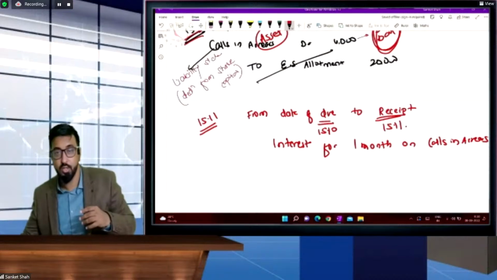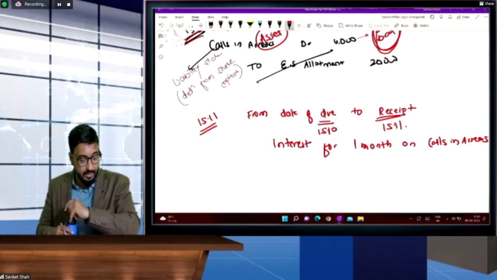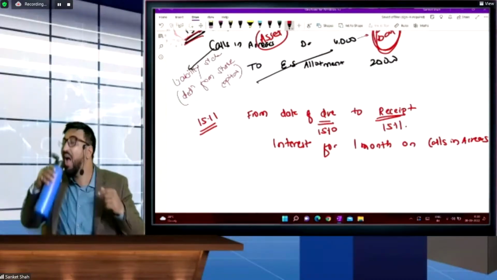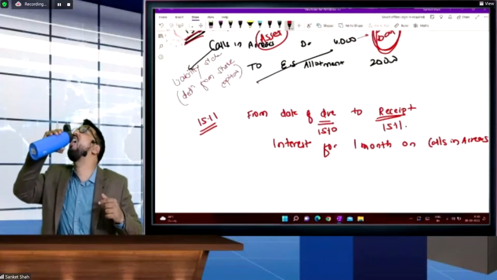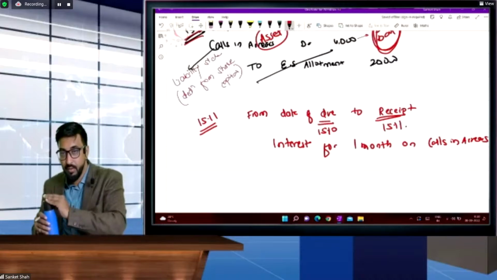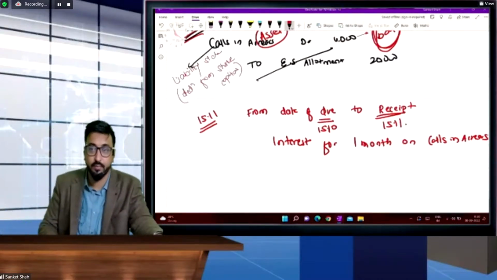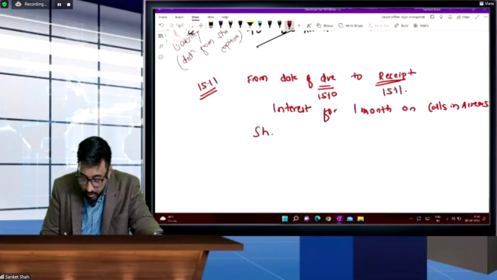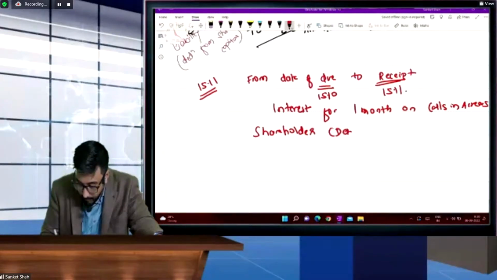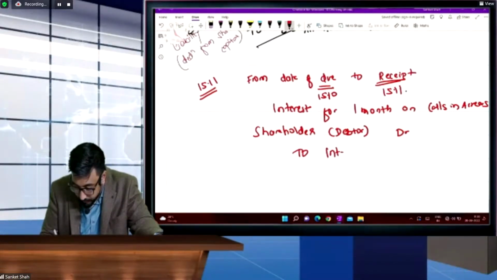Very good. Shareholder account debit to interest account. Entry for interest. Shareholder is your debtor, to interest is your income.